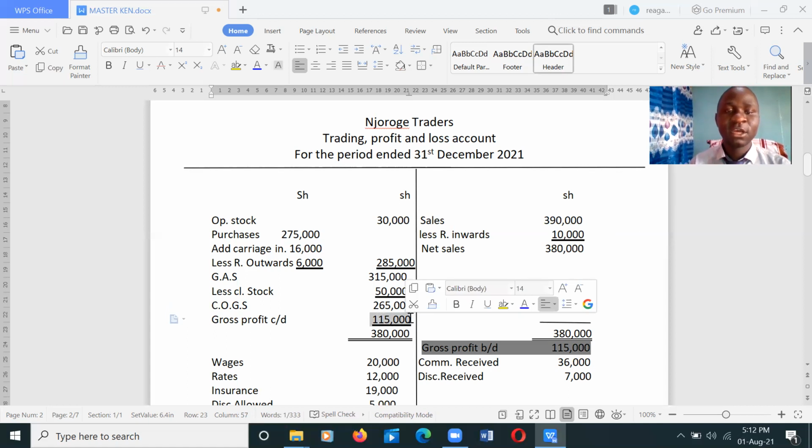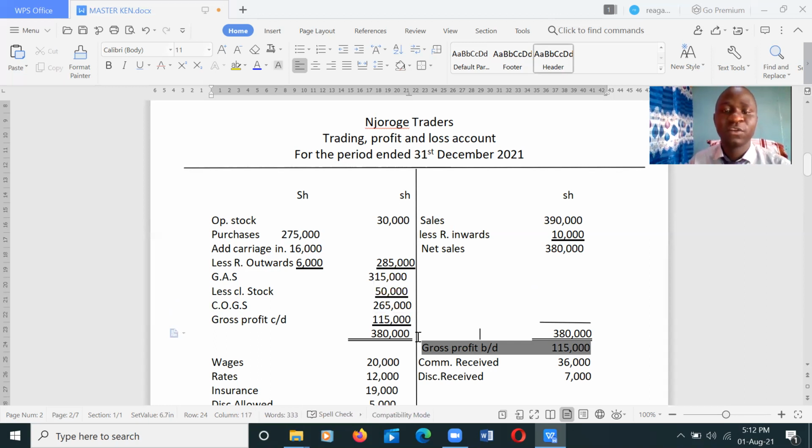That's what I've indicated. So the difference between 380,000 and 265,000 is 115,000. So it means that this business was making a profit. Now for us to ensure that our trading, the first bit, what I've done is what you call trading.